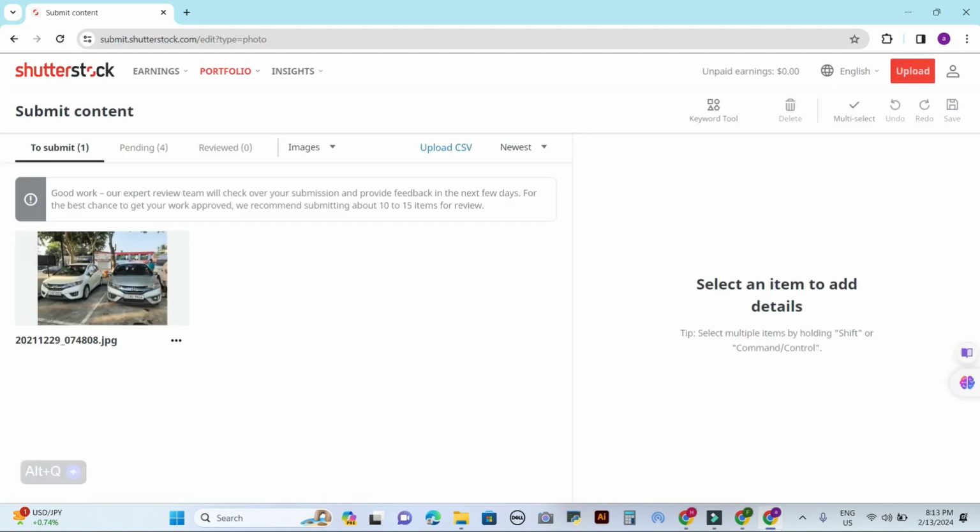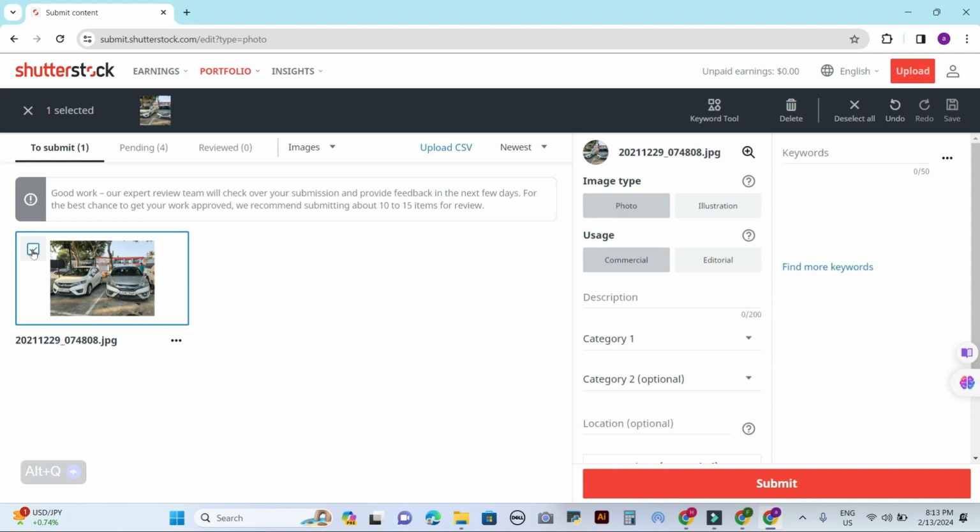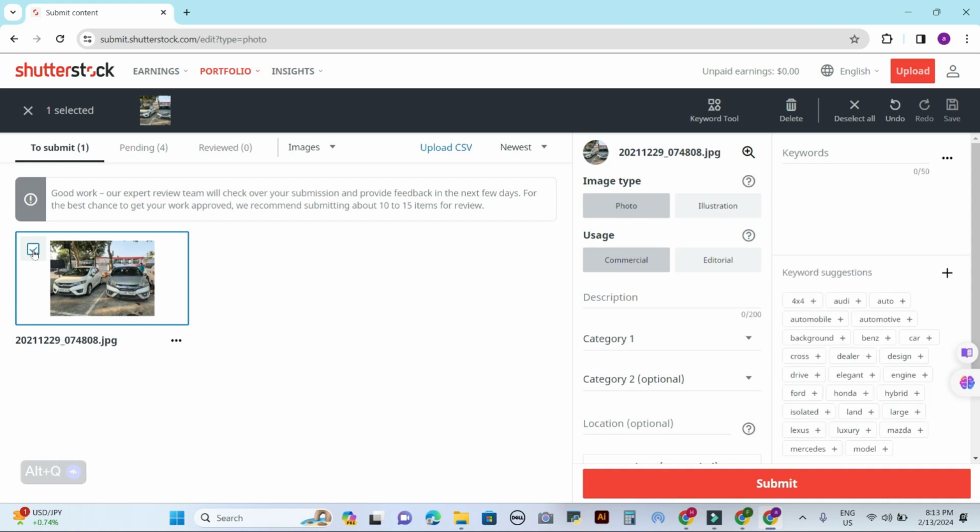After uploading, select photos by ticking the top left hand corner of each. In the right hand corner box, fill out information about each photo. Add at least 7 relevant tags to each photo for buyers to find them.